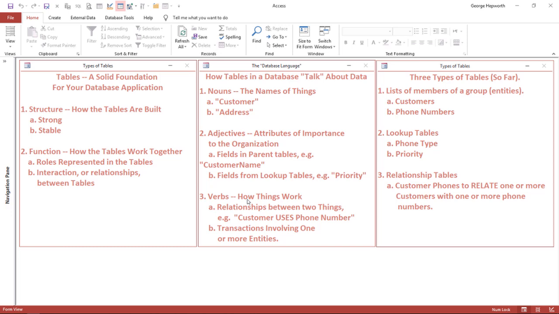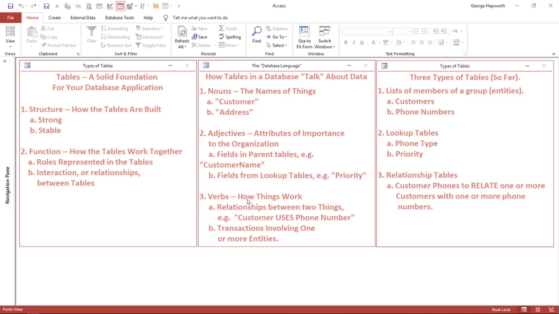We talked about the way the relationships in a database correlate to verbs. So the natural language scenario would be nouns, adjectives, and verbs, tables, attributes, and relationships being the database language.